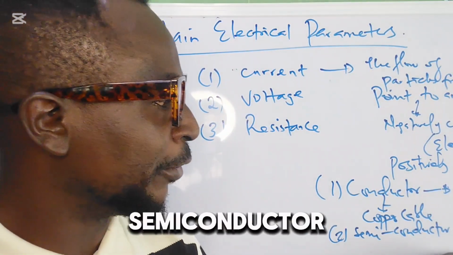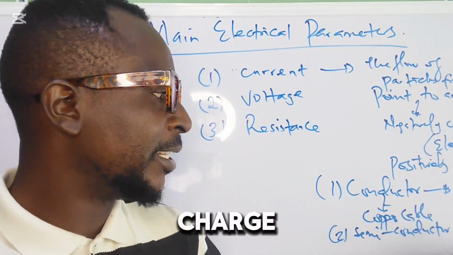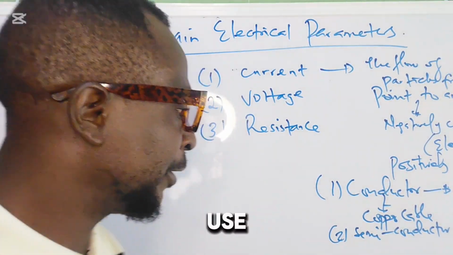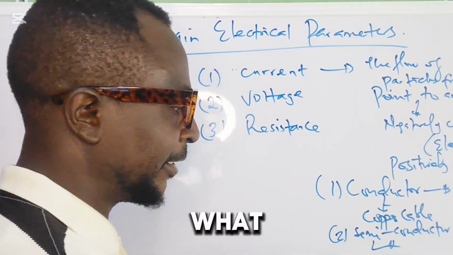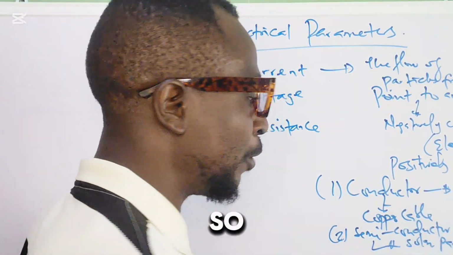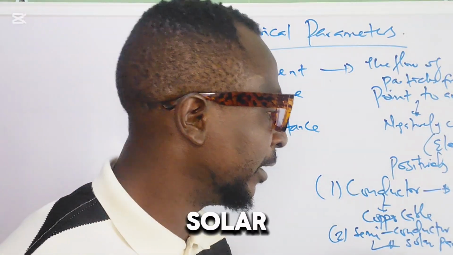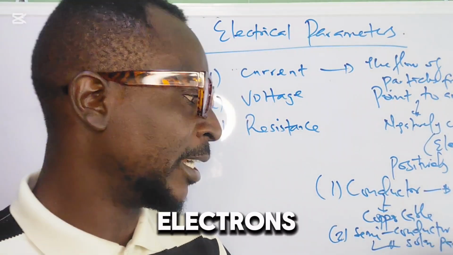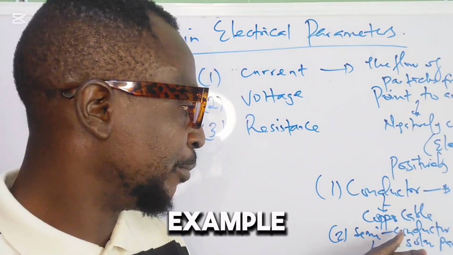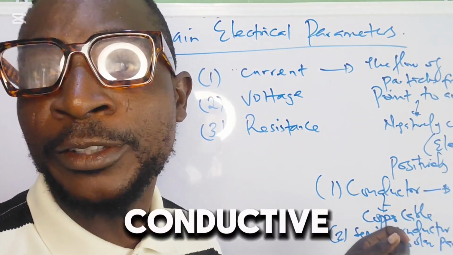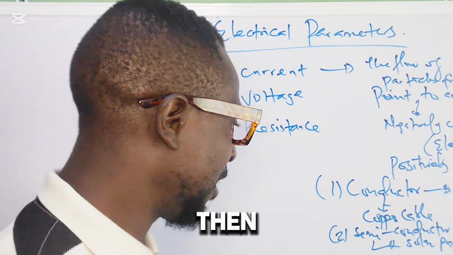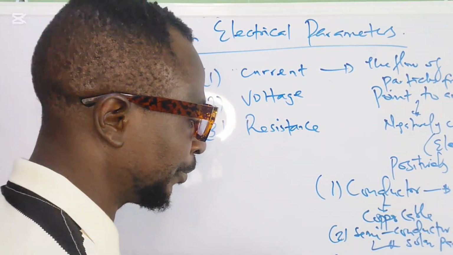So in the case of semiconductor, the major charge carriers are electrons and holes. So we use what example, like your solar panels. So what constitutes current in your solar panels are what? Electrons and holes. You take note of this because solar panel is a perfect example of a semiconductive device. You know, they are made of what? Silicon.